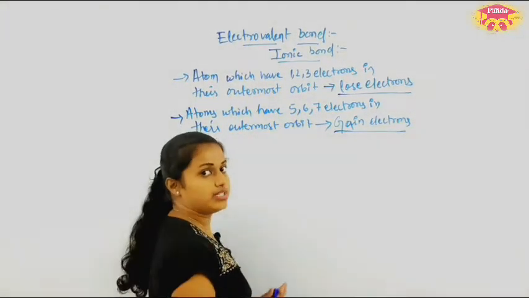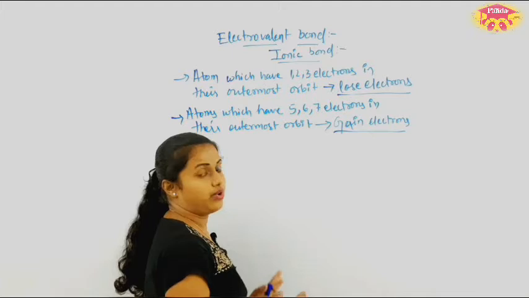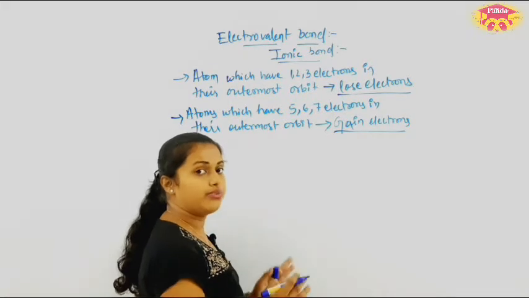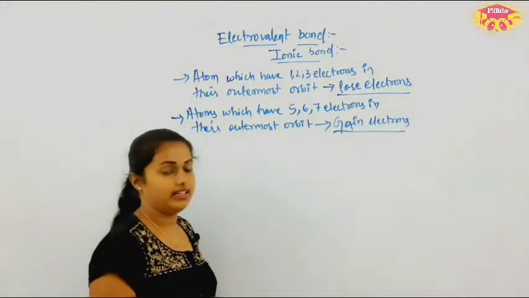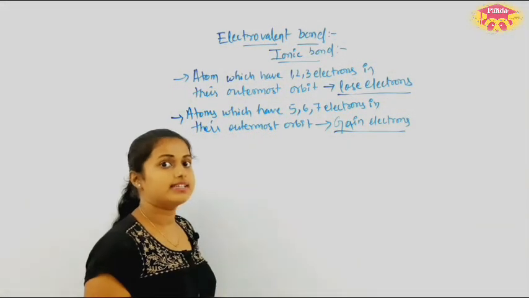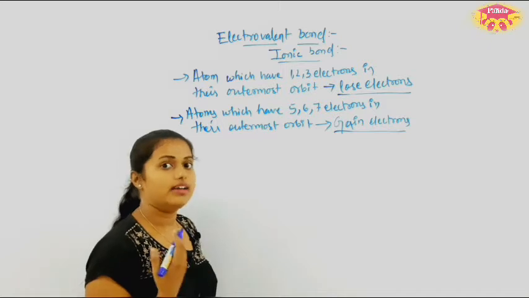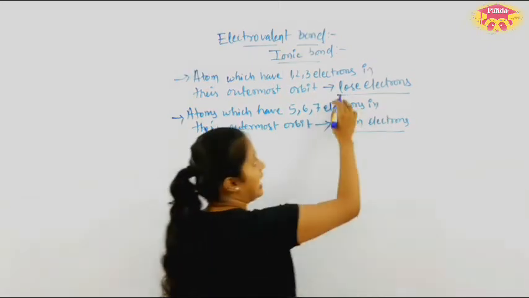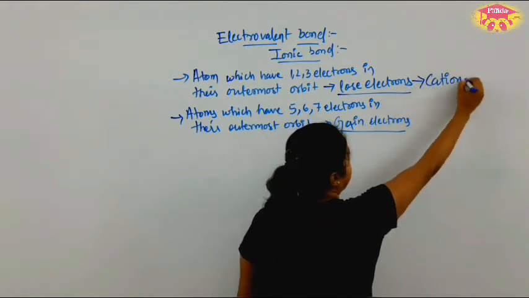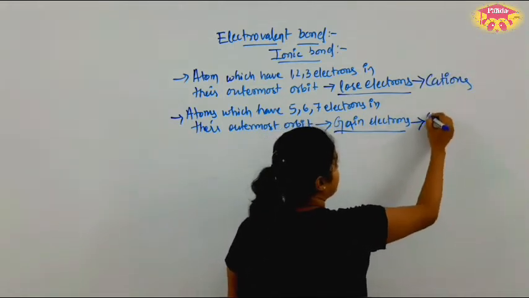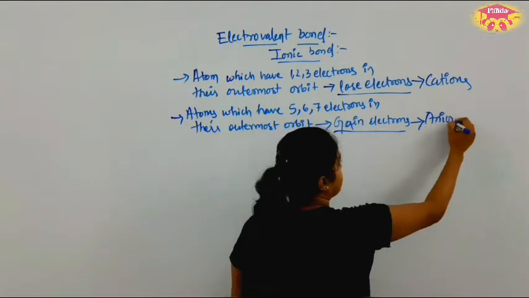I said before, students, the atoms who lose or gain electrons to attain the nearest inert gas configuration form ions. The atoms who lose electrons are regarded as cations, and the atoms who gain electrons are known as anions.